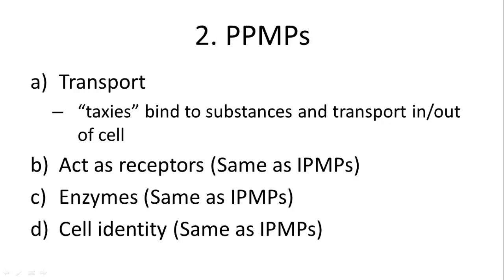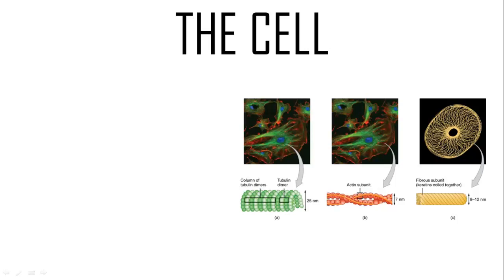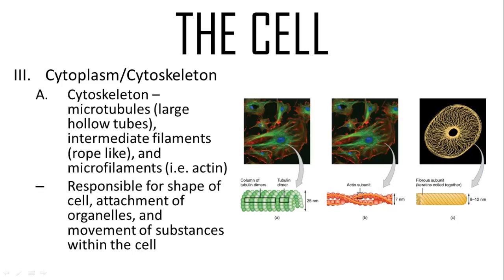All right. So then our internal part of the cell, which is providing structure and support, is the cytoskeleton. The cytoskeleton has 3 different types of structural components. Microtubules, which are large and hollow tubes. You have intermediate filaments and microfilaments.